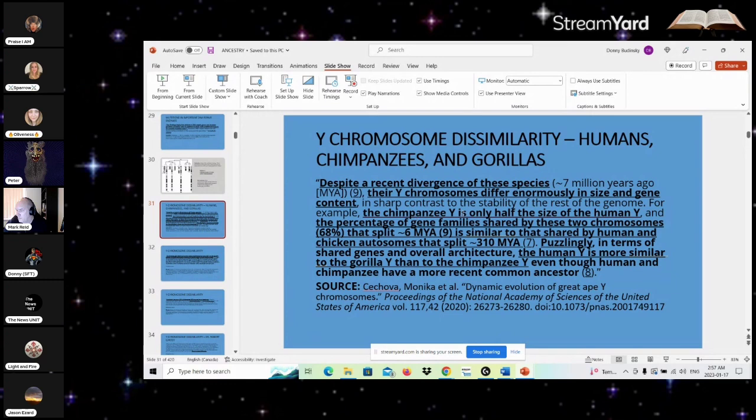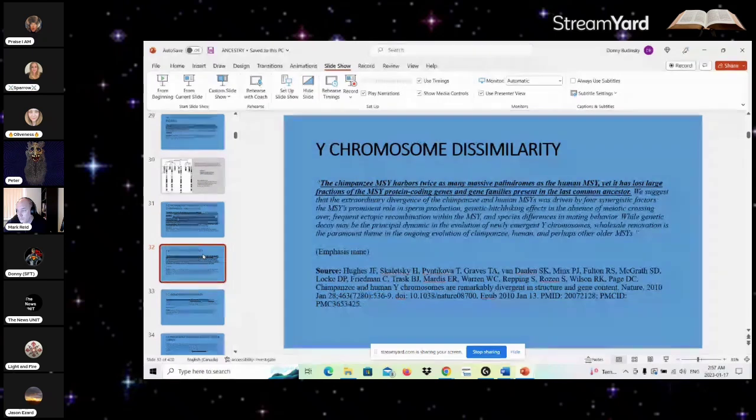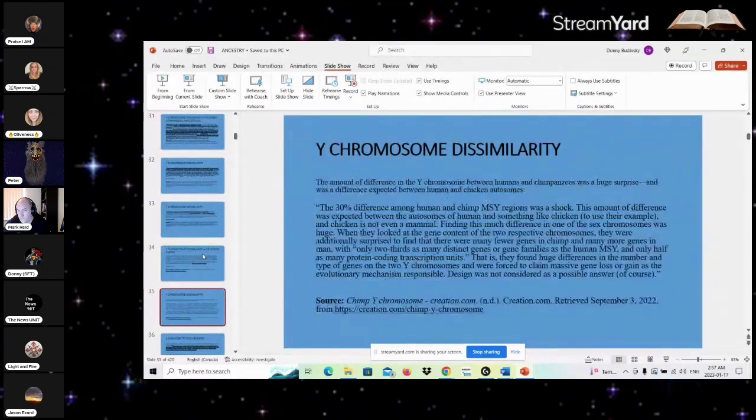Notice this: the chimpanzee Y is only half the size of the human Y, and they say the amount of differences discovered is what they would have expected between humans and chickens. But they're comparing that to autosomes, so it's not necessarily comparing apples to apples here. But they are pointing out in the paper that this is an amount of difference that wasn't necessarily predicted.